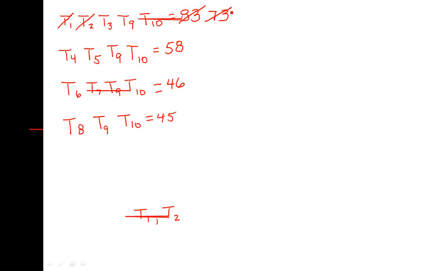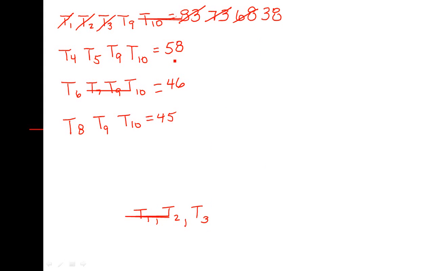And T2 had a weight of 5. That brought us down to 68. 68 is still the largest, so T3 is next on the list. T3 has a weight of 30, so that brings us to 38.